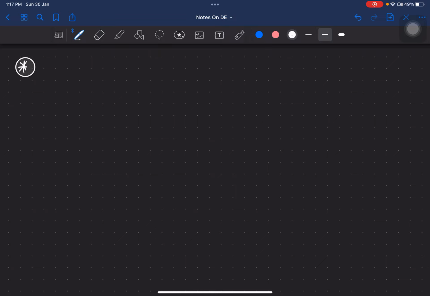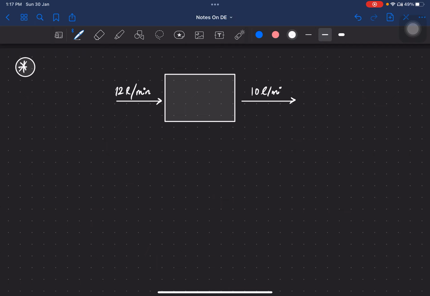I start with the usual one, that is, we have a tank. Suppose the water is flowing in, pure water, at 12 liter per minute, and water is flowing out at 10 liter per minute. So here the rate is different. Here I'm not taking into consideration that salt is also put into the water.